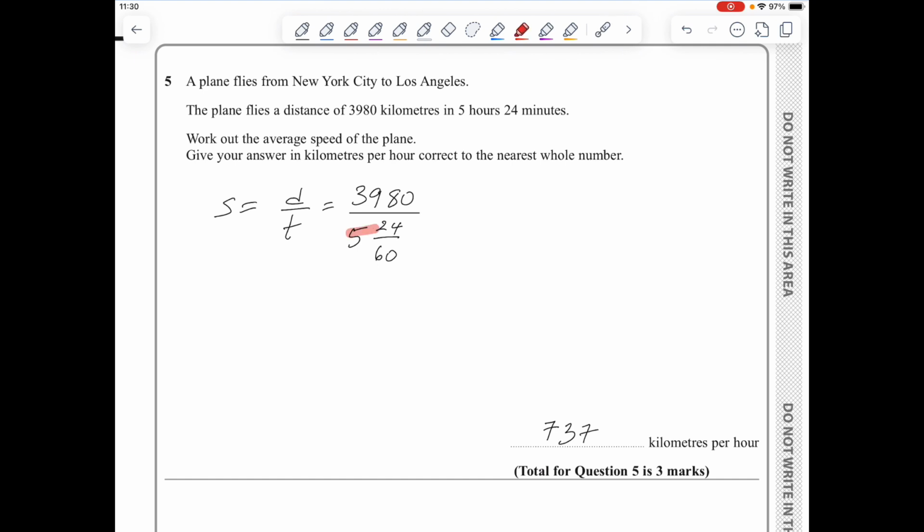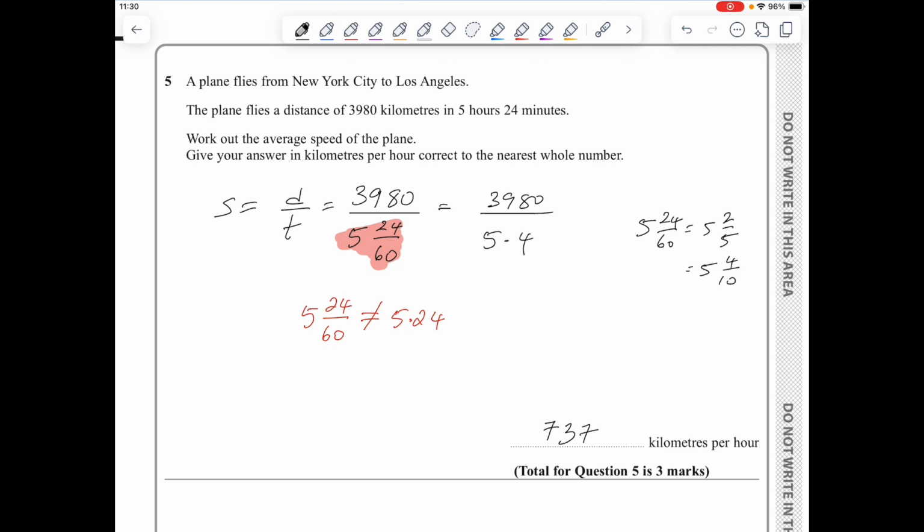Now note this time here, if you want to convert it to a decimal, is not 5.24. That's a common mistake students make. The correct answer is 3,980 over 5.4. And the reason is that 5 and 24 over 60 simplifies to 5 and 2 over 5, or if you want, 5 and 4 over 10.